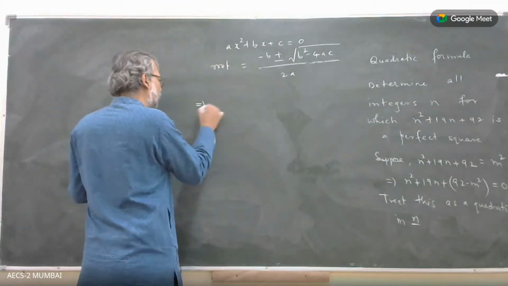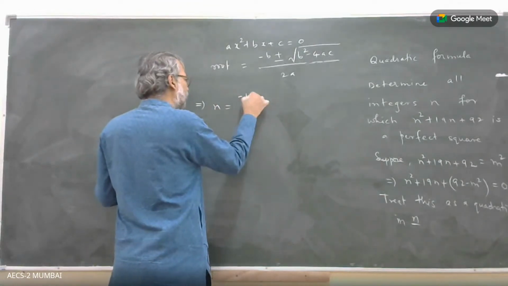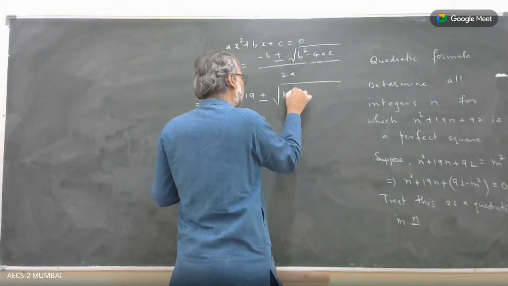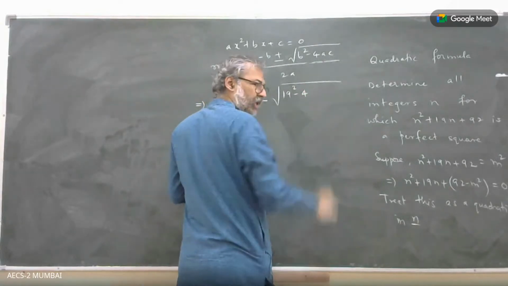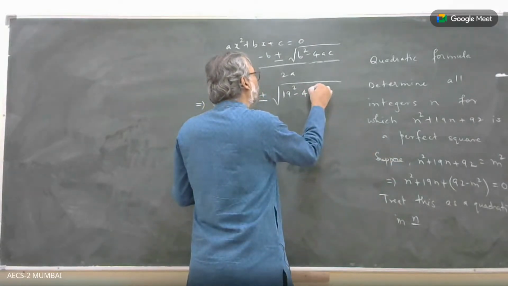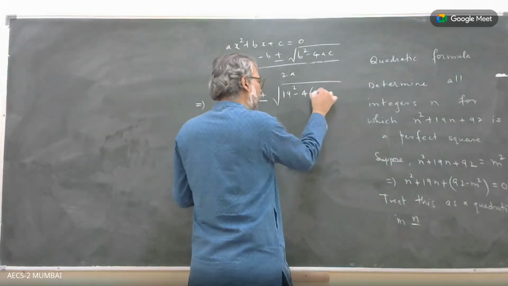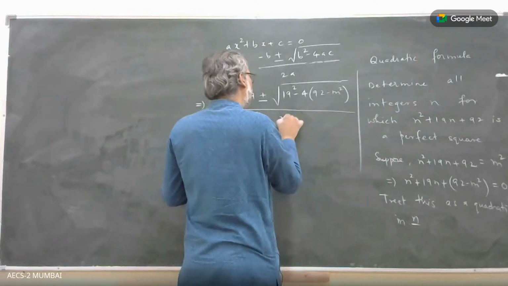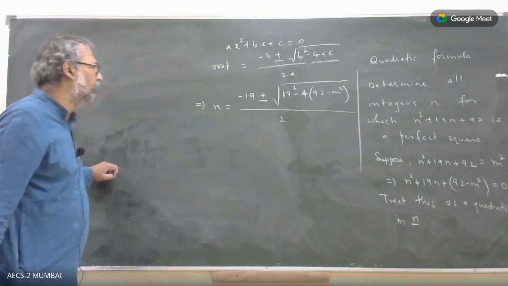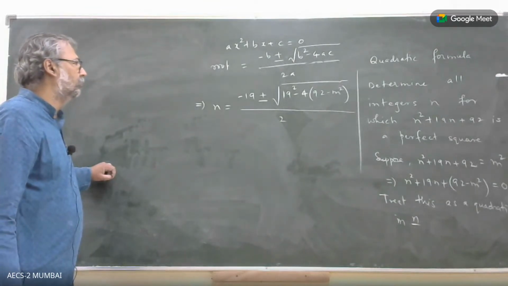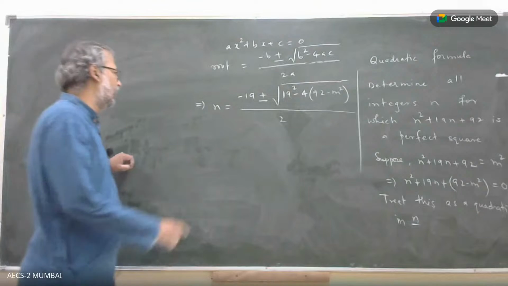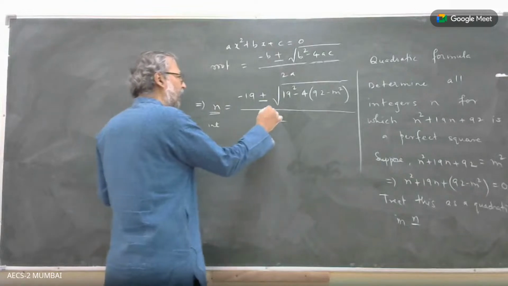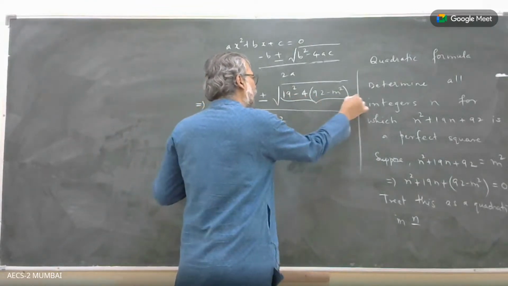So in this case, it implies n is minus 19 plus or minus the root of b square, 19 square, minus 4 times ac. a is 1, c is 92 minus m square. Okay? Upon 2, a is 1. So shall I say this is an integer, and that means the quantity inside the square root should be a perfect square.